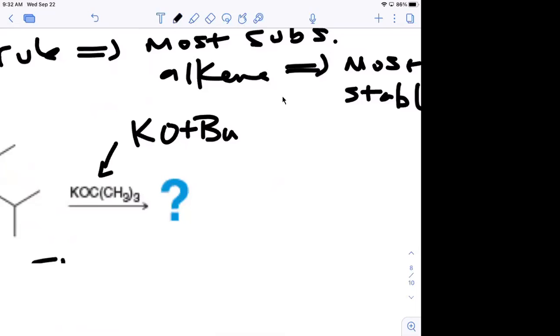It's potassium tert-butoxide. It's a very, very strong base. The tert-butyl group is really electron rich, and so it makes those electrons on oxygen very, very basic. So it's that, and then K plus, like that. Very strong base. You use that when you have protons that have a little bit higher pKa that you need to remove.